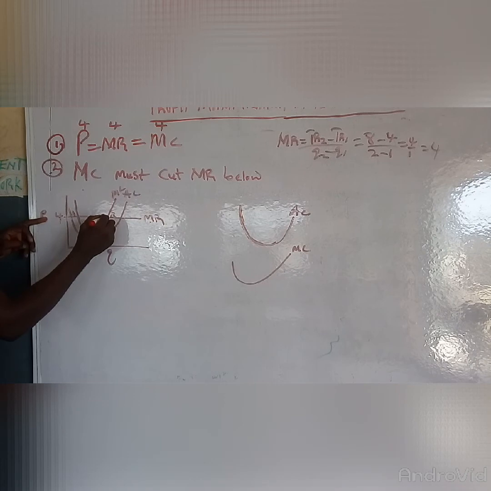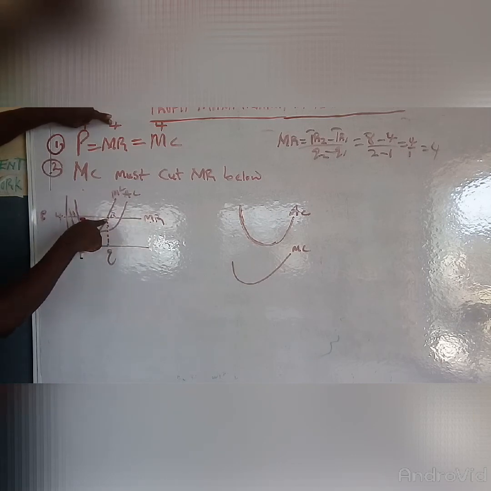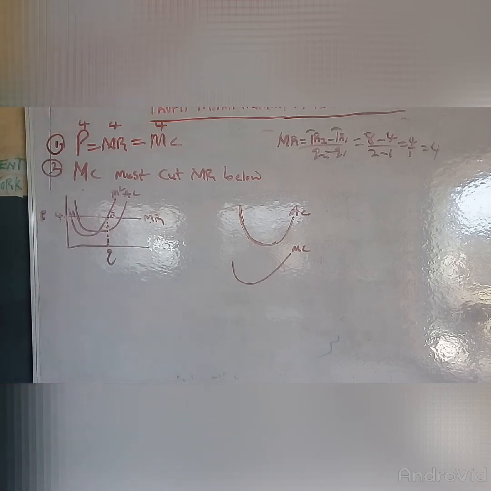Then MC is also 4. So at B, my price is 4, my MR is 4, and my MC also goes to 4. So this is the point where profit is maximized in perfect market.